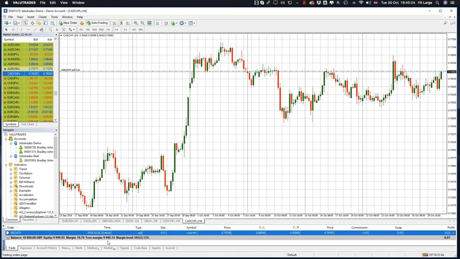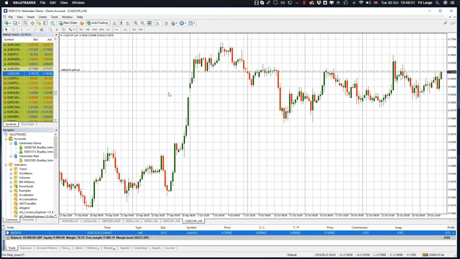It gives us some very good indications as to what's going on: when we got in, the type of trade, which is a sell, the size of the trade, what we're trading, in this case CAD Swiss, the price we got in, our stop loss, which we don't have yet, our take profit, which we don't have yet, the price where we are right now, and the commission. Brokers will charge you a commission, and Valutrades does this as well for each trade that you do. So we basically take the profit on the trade, deduct the commission, and there's your net right there. Again, not a huge amount of money.